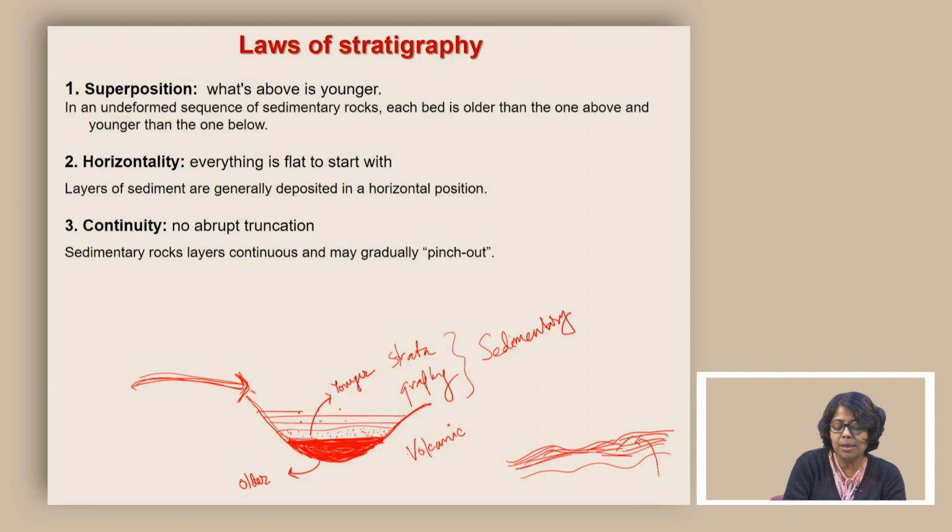So, unless things are disturbed, unless you are mixing it up, and by mixing it up I mean, let us say there is another geologic process where this got mixed up, then these layering will not survive.